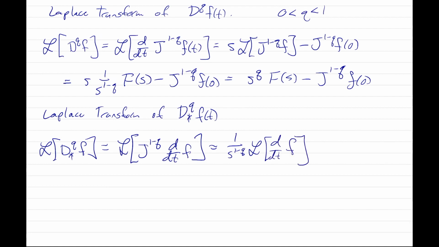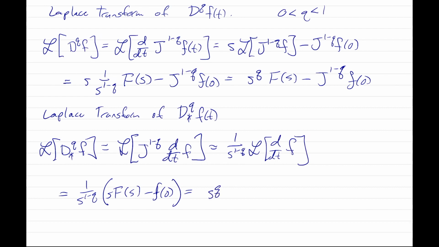Okay, now let's go ahead and compute this. This is actually just straight from our table. So this is going to be 1 over s^(1-q) times (s F(s) minus f(0)). And so then, ultimately, what do I get?